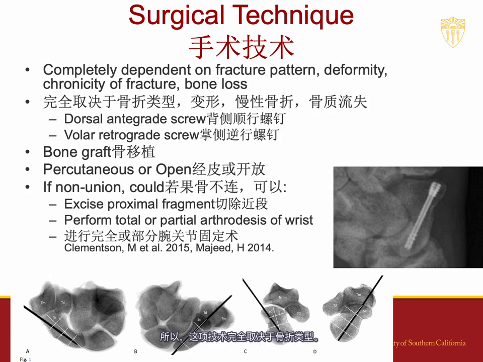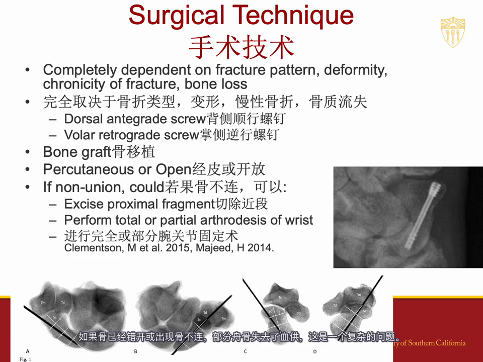So the technique is dependent on the fracture pattern. So again, there's lots of different ways that this can fracture. It's going to basically then decide how they put in that pin. And it's usually just a screw or a pin. And they're either going to put it in from the front angle or the back angle, so either dorsally or volarly. They may have to do a bone graft.